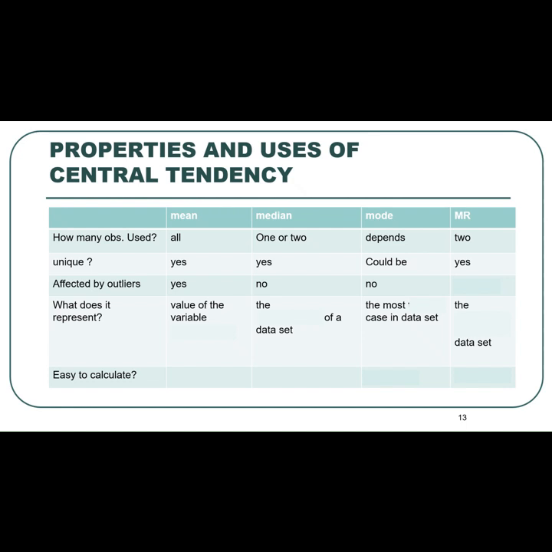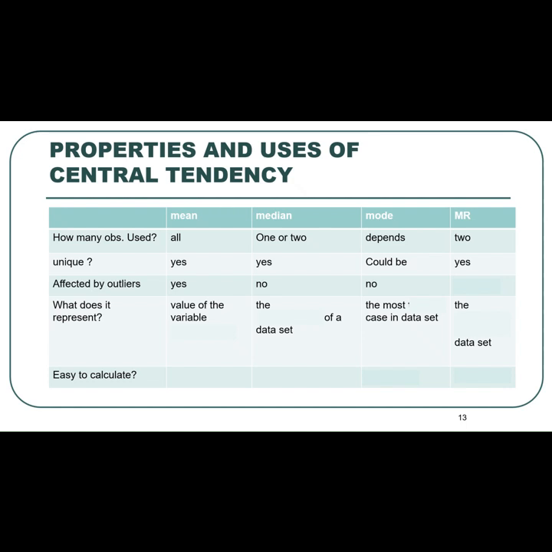The mode is the typical value, which means it appears the highest number of times in your data set. Outliers would be rare ones, so not the mode.